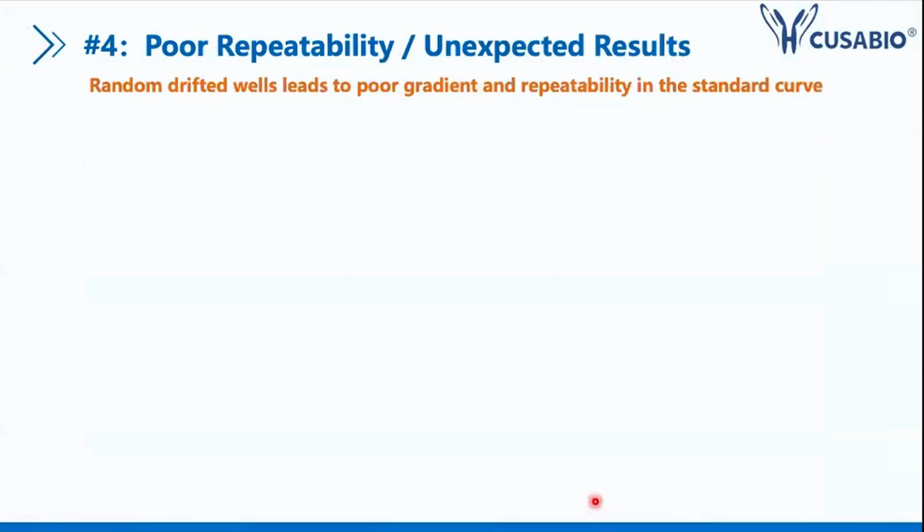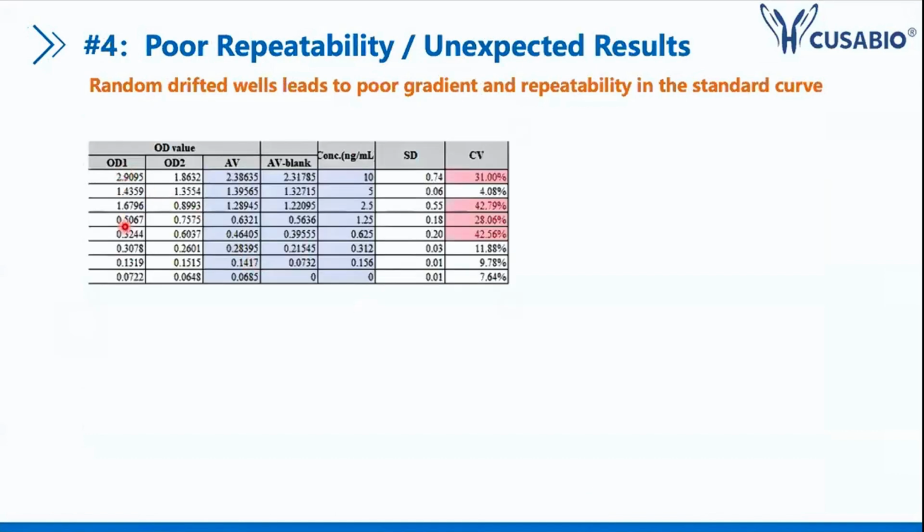So the last problem from the ELISA experiment is about unexpected results and poor reproducibility. Here's one example. We have the standards and OD1 and OD2. You see, they are so different.